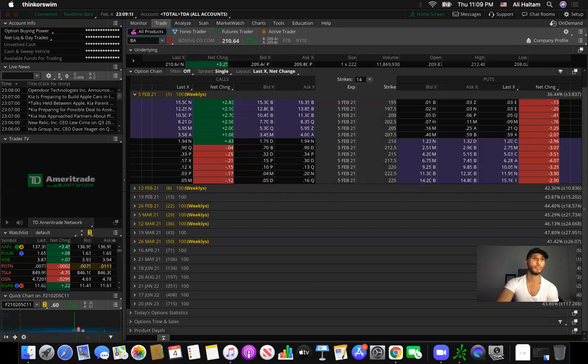Delta represents the rate of change between the option's price and a $1 change in the underlying asset price. Okay. So it basically takes into consideration the sensitivity, right, of the option value relative to the underlying stock. So if the price is moving a certain direction, your delta might be a little bit higher. Okay.